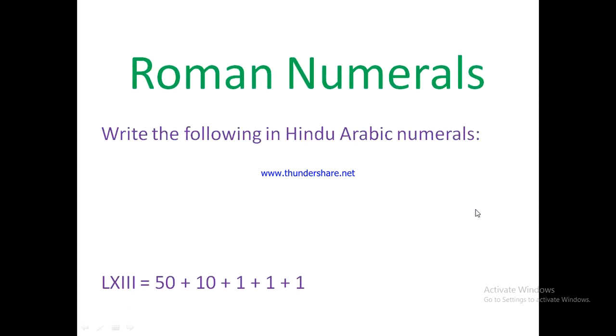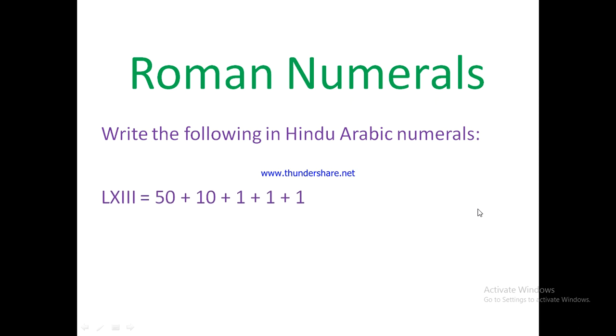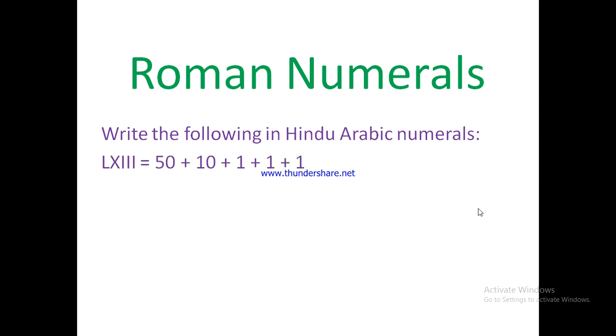Now we are converting the Roman numerals into Hindu-Arabic numerals. L stands for 50, X 10, because X is written to the right of L, so it is added. Then 1 plus 1 plus 1. How many times 1 they have given?